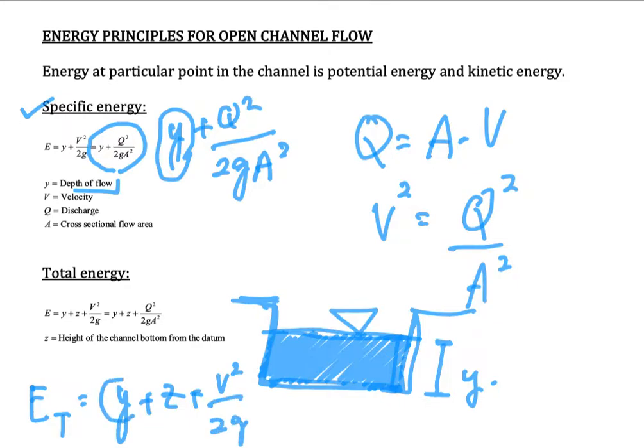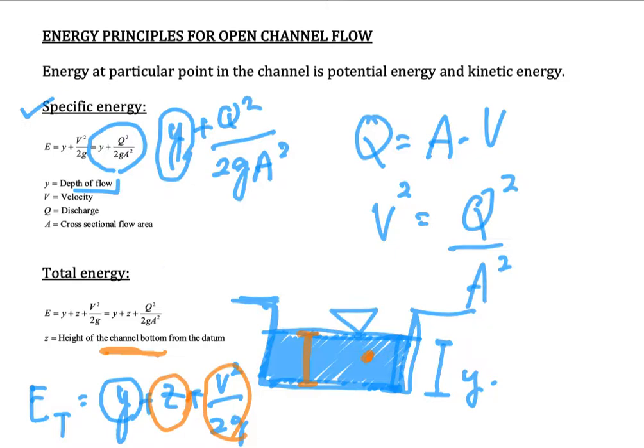The y here is the depth of this open channel water, the V squared over 2g is the kinetic energy inside that flowing water, and the Z here is the height of the channel bottom from the datum.